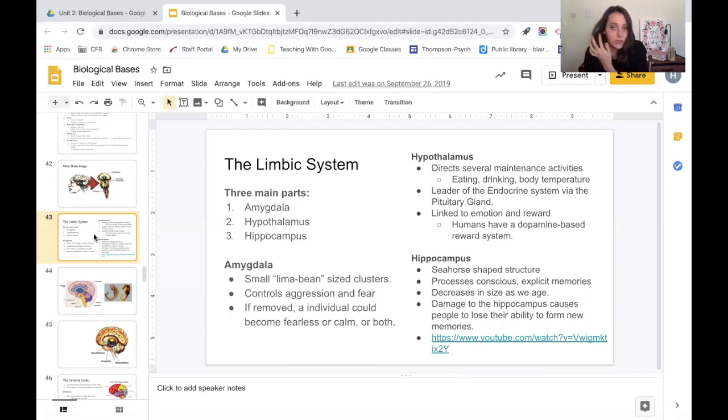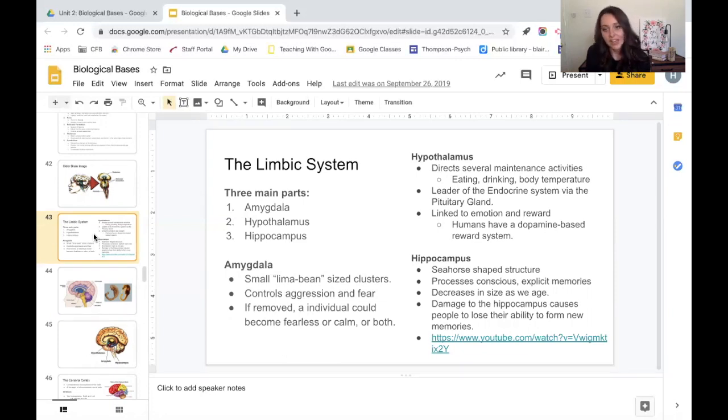That dopamine reward system comes out of the hypothalamus, and then it maintains different functions and regulations of eating, drinking, body temperature. And then your hippocampus is memory, right? That's where your short-term memory is stored and new memories are formed.